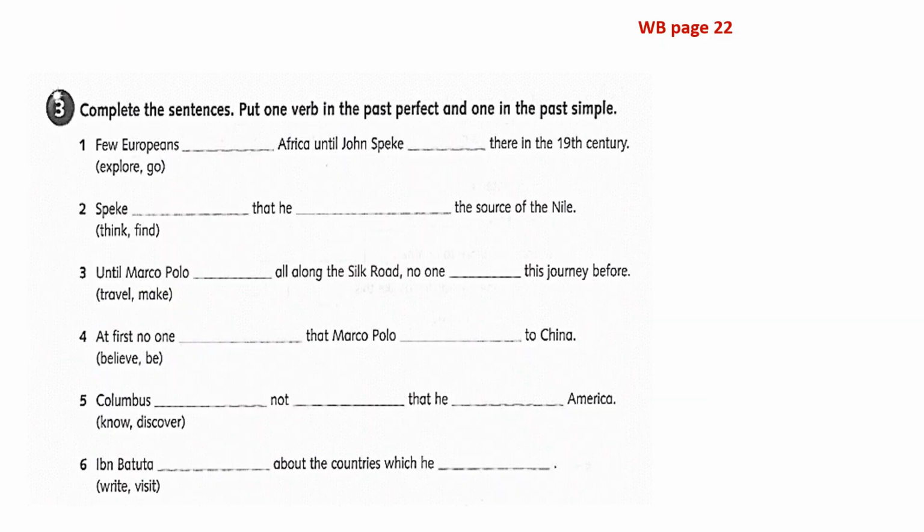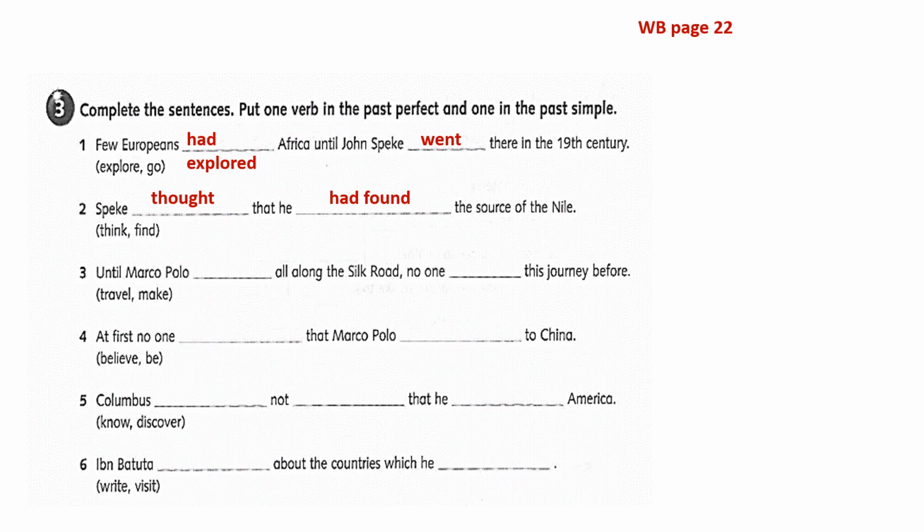Let's complete these sentences. Let's put one verb in the past perfect and one in the past simple. Let's start. Number one, few Europeans had explored Africa until John Speke went there in the 19th century. Number two, Speke thought that he had found the source of the Nile.